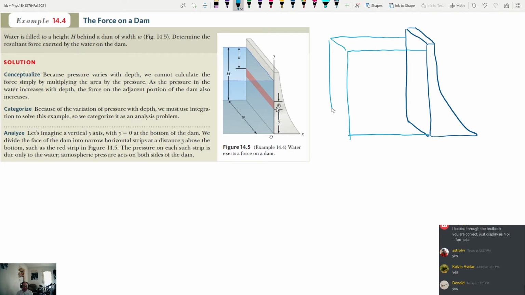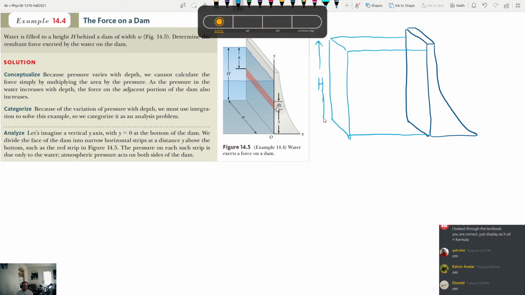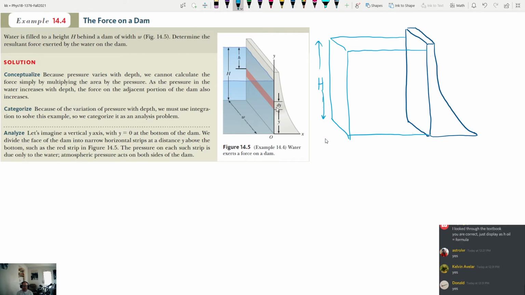And the total height of the water that we have is h from top to bottom, just down to here. And then we also have a width w. So there's my picture. Over here we have water. Over here we have dam. And our goal is to determine the resultant force exerted by the water on the dam.